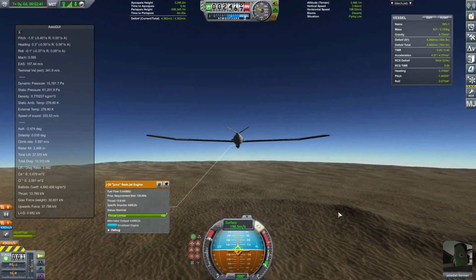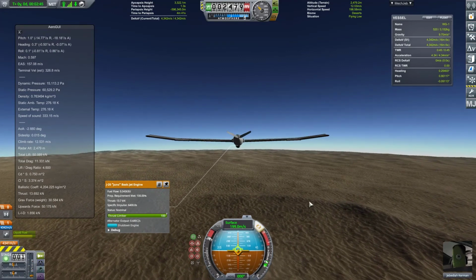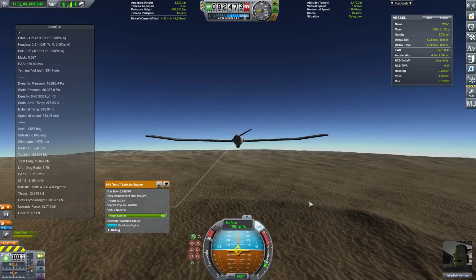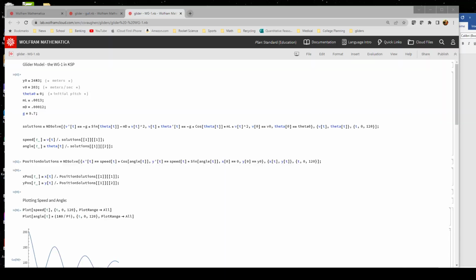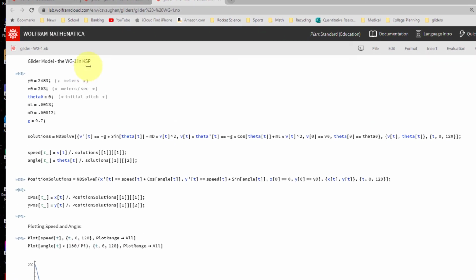So after some experimentation, I found constants for the mathematical model that would accurately model the behavior of this WG1 glider. So back here in Wolfram Programming Lab, I have a model for the WG1 glider, and in the clip that's playing right now, I'm going to shut down the engine and disable the stability assist system at an altitude of about 2483 meters with a speed of about 203 meters per second.